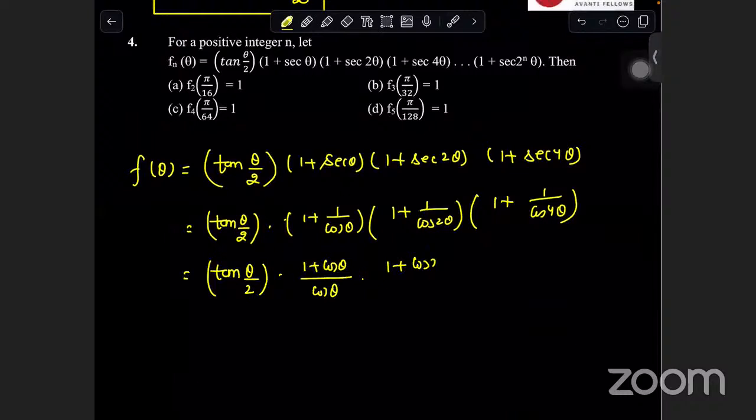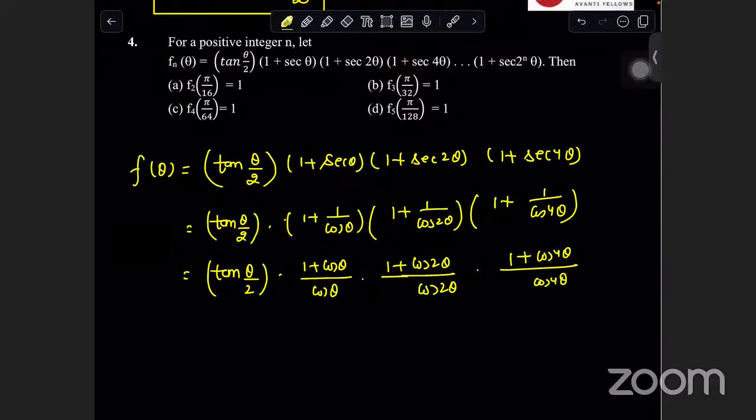Taking LCM, (1 plus cos 2 theta) upon cos 2 theta, and (1 plus cos 4 theta) upon cos 4 theta. Got it? As of now, I did nothing. I just converted all the secants to cosines and took LCM.